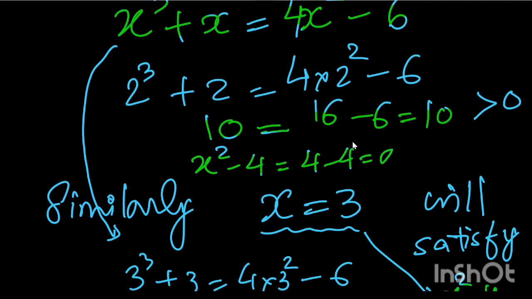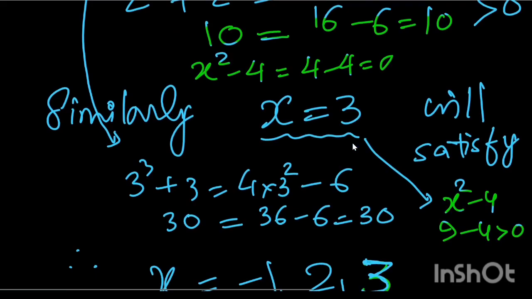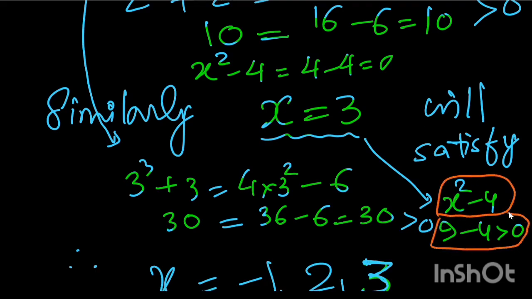Now using hit and trial in the similar way, if we substitute 3, you will see x equals 3 will not only satisfy and make the bases positive, but at the same time it will make the argument, that is x square minus 4, positive as well.